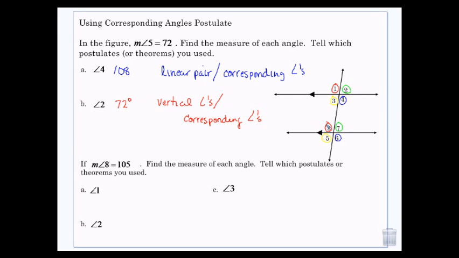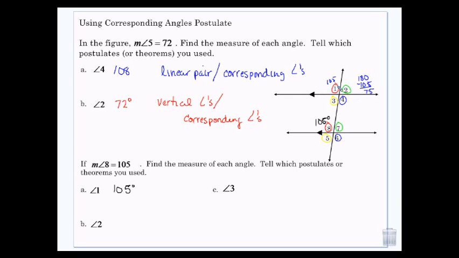So if 8 is 105, okay, that's what I've been told, it's 105. Angle 1 is corresponding, so it's also 105. Angle 2, well, we can say that if angle 1 is 105, angle 2 is 180 minus 105, and that makes it 75, right?